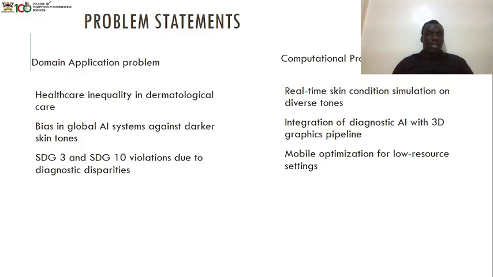Anyways, what is our problem statement? We have two, which are the domain application problem and the computational problem. Our domain application problem is the healthcare inequality in dermatological care. When we talk of healthcare inequality here, let us say in Uganda, we have over 25 dermatologists serving a total population of 45 million people.